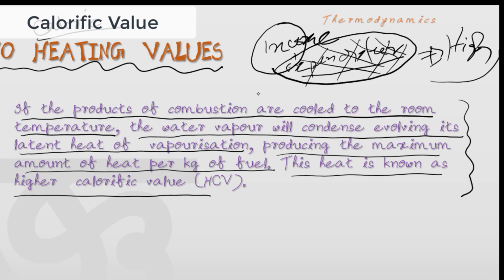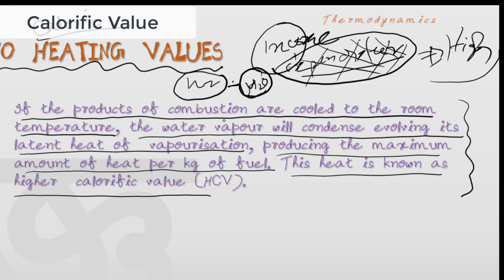Similarly, when we burn the fuel, we get some heat, but that heat is total heat minus the water component. Water is converted to vapor, and that heat is not considered. That is why it is called higher calorific value or gross. In case of income, we call it gross income. What is gross income?